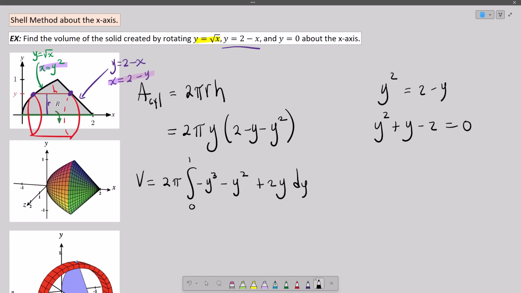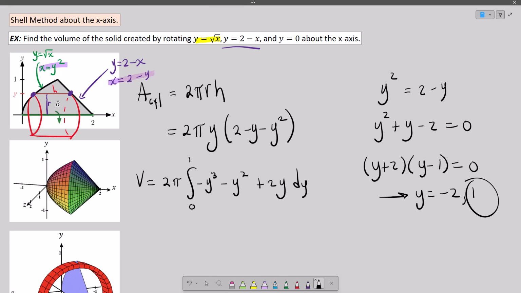Nonlinear equation: everything to one side and factor. That's our principle from algebra. This will be y plus 2 times y minus 1 equals 0. So y is equal to negative 2 or 1. We are in quadrant 1, so for our context, negative 2 is an extraneous solution. That tells us our y value where they intersect is at 1.